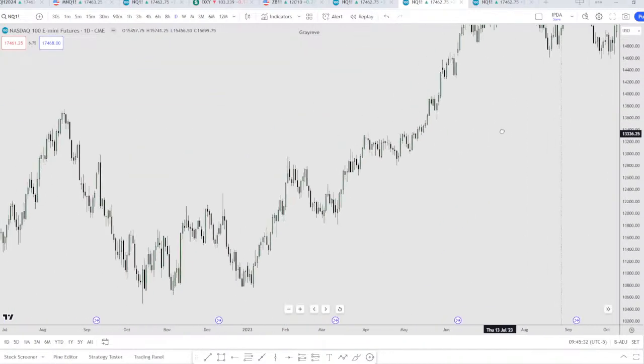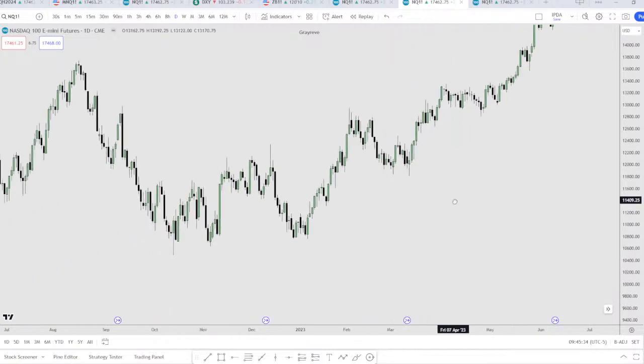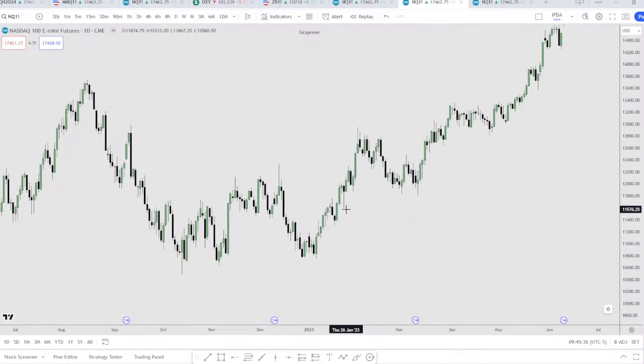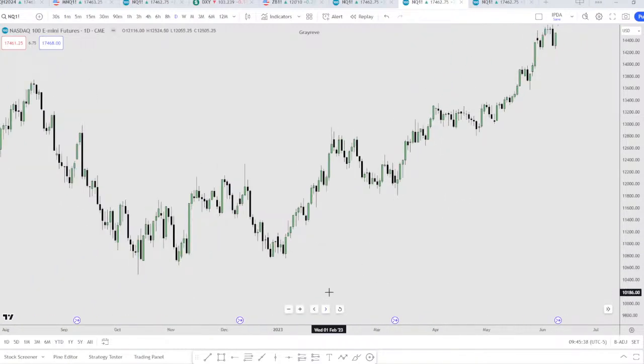Okay, so from here, as you can see, last year basically February, okay, March, and then higher. So we could get something like this as a retracement, right?